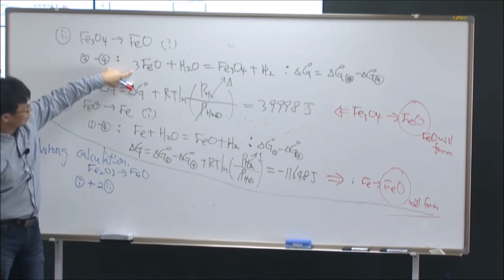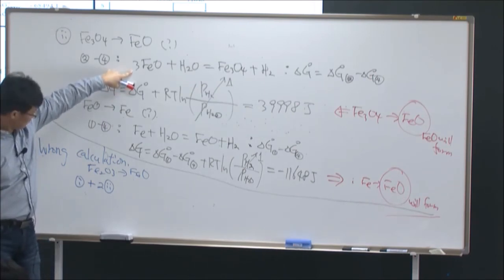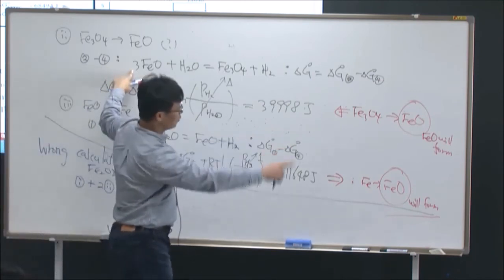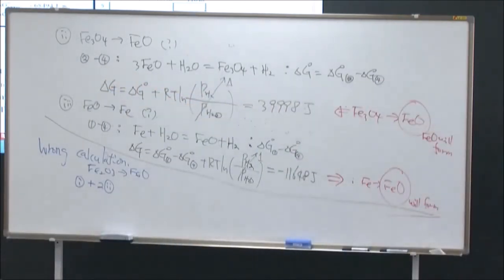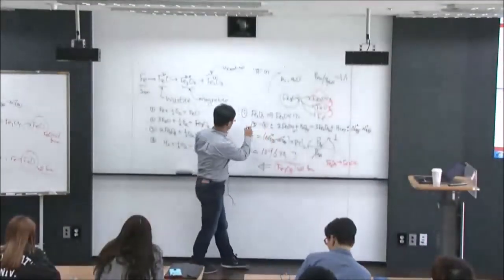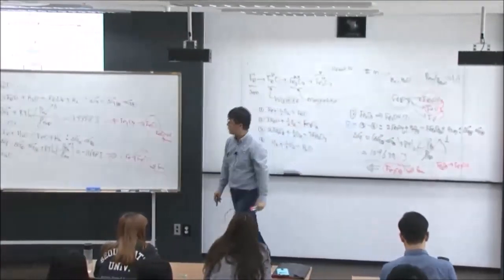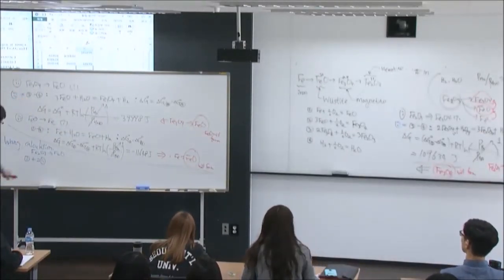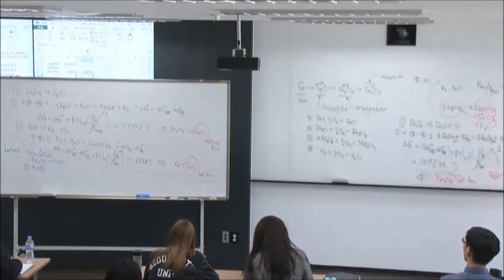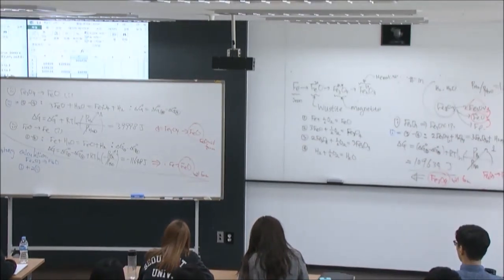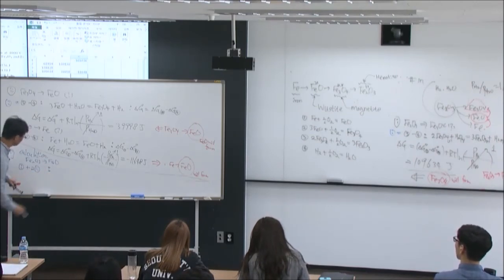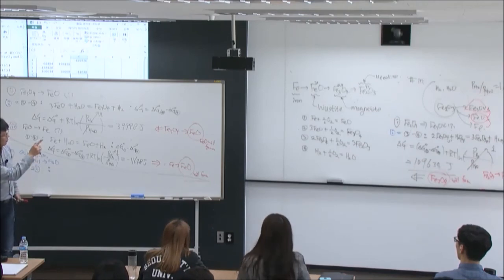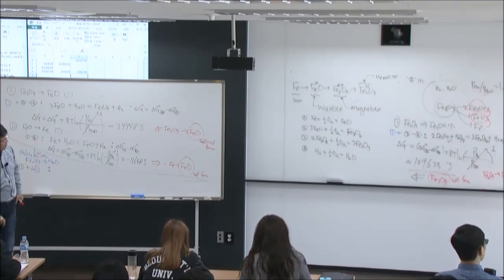So if I take 2 times of this one, and then 1 time of this one, so this is 1 time, so let's assume this is this one. If I take 1 and the 2, yeah, then you can eliminate everything, and then you can get only FeO and Fe2O3 relationship.